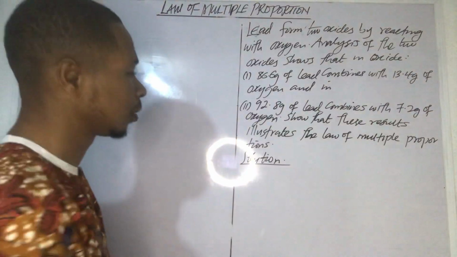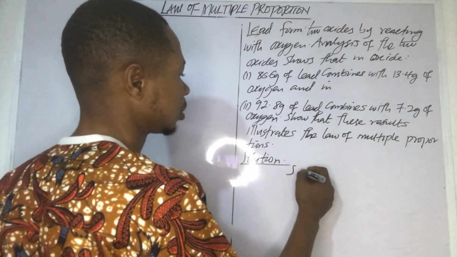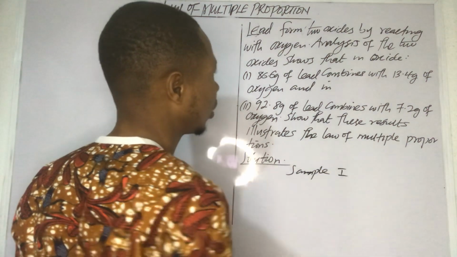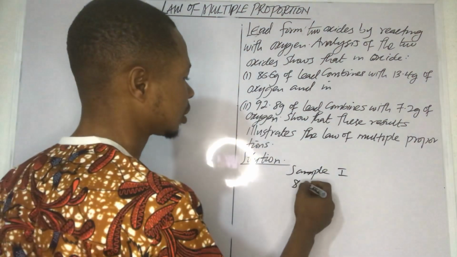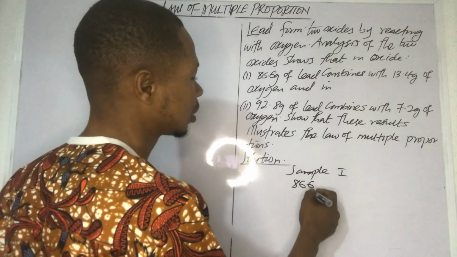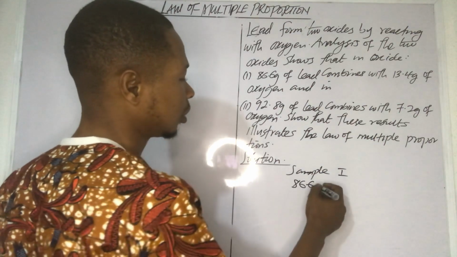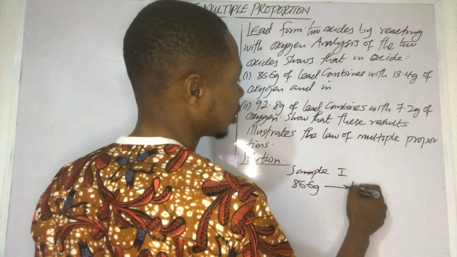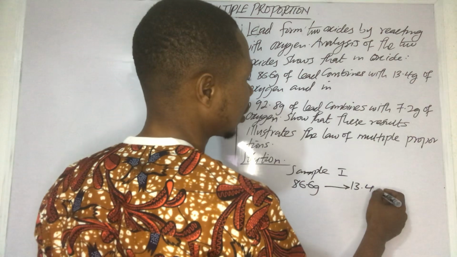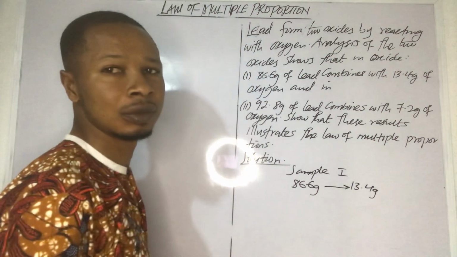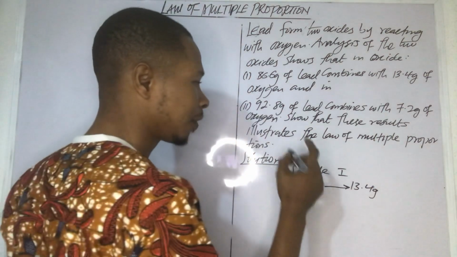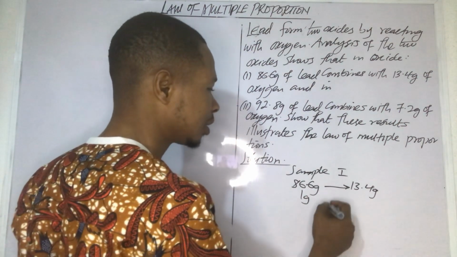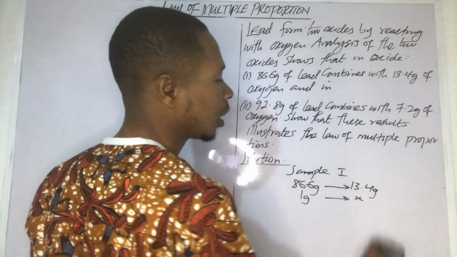Now in sample 1, 86.6 gram of lead combined with 13.4 gram of oxygen. If I fix the mass of lead, then 1 gram of lead will combine with x gram of oxygen.